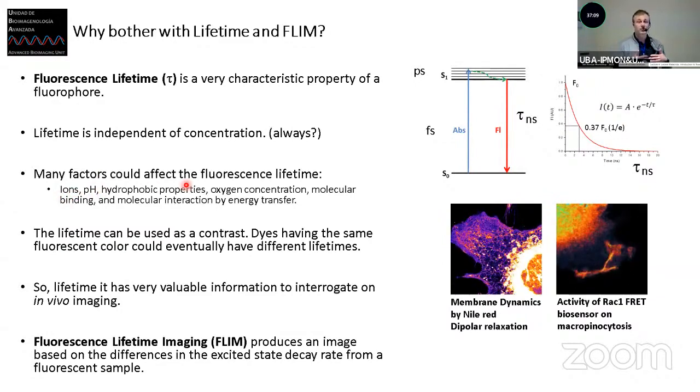We can measure oxygen concentration because it's a very strong quencher if you have a long lifetime. You can measure molecular interaction, binding, and many, many other properties of fluorophores. And this is useful because it will tell you information about this region during the excited state, before the fluorescence comes.